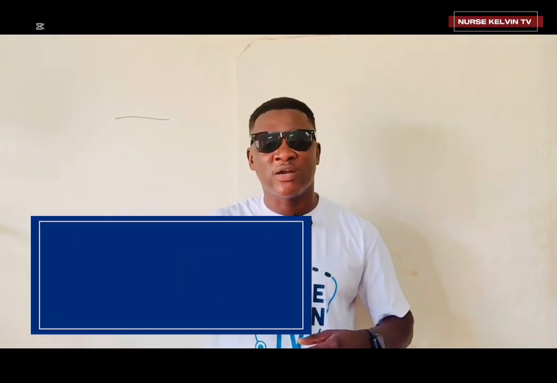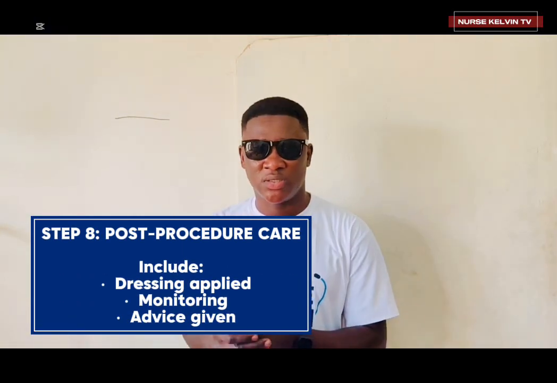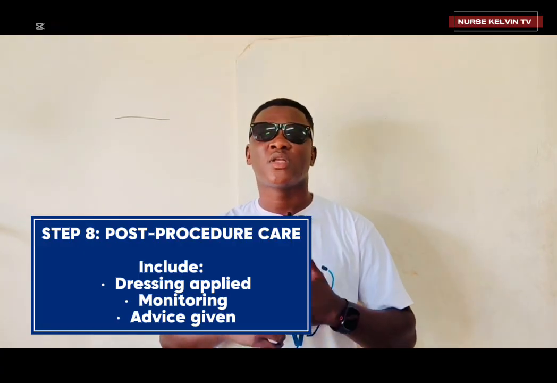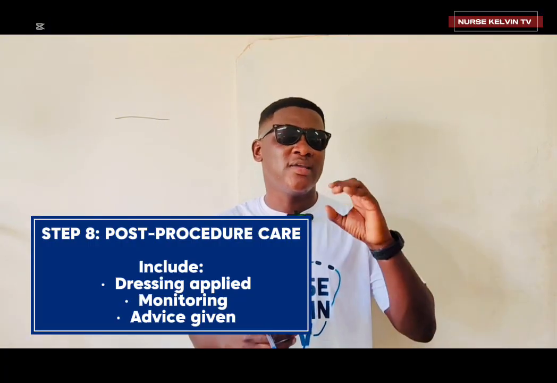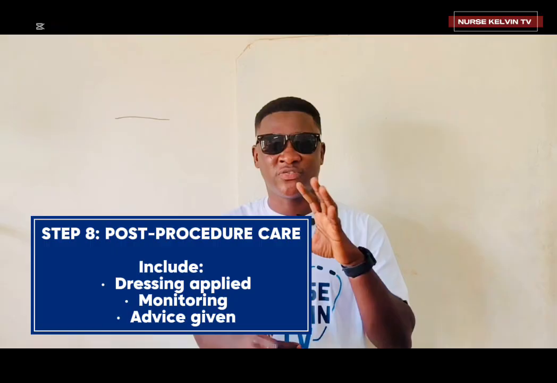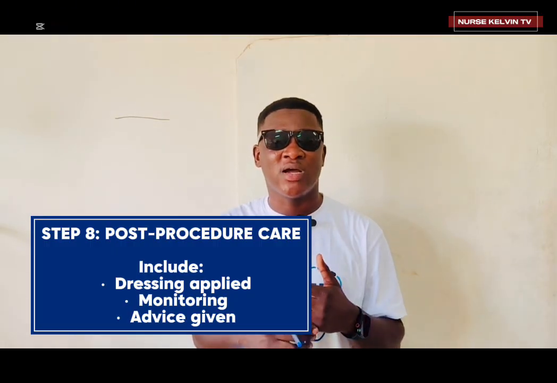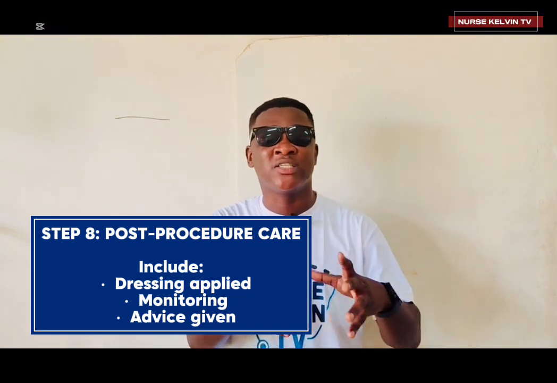After you've done the procedure for the patient, the care and the things that you're going to do for the patient, you need to talk about. We need to talk about monitoring. After the procedure is done, you monitor the patient's condition, for example if the procedure was a blood transfusion. Some patients go through the process and have allergic reactions.